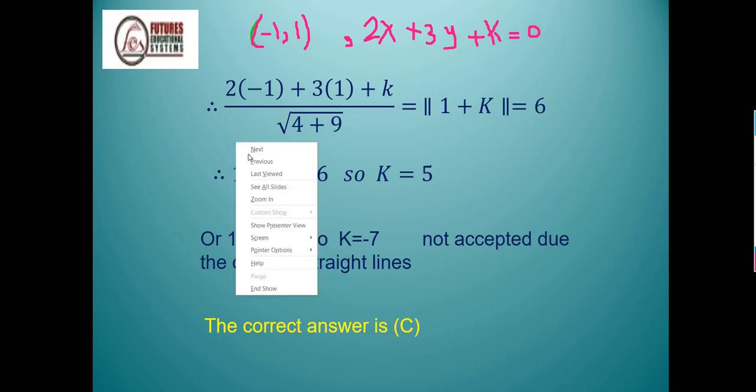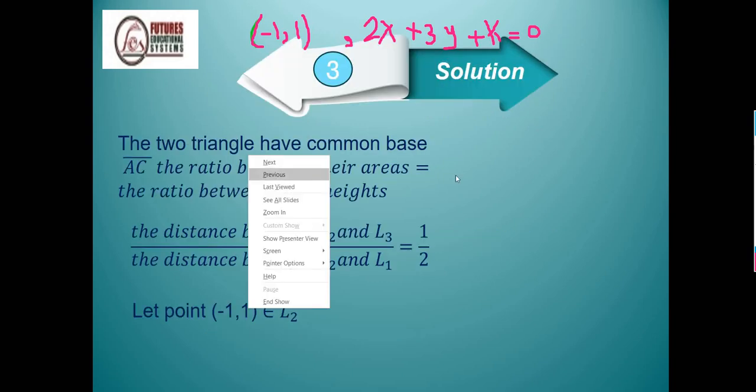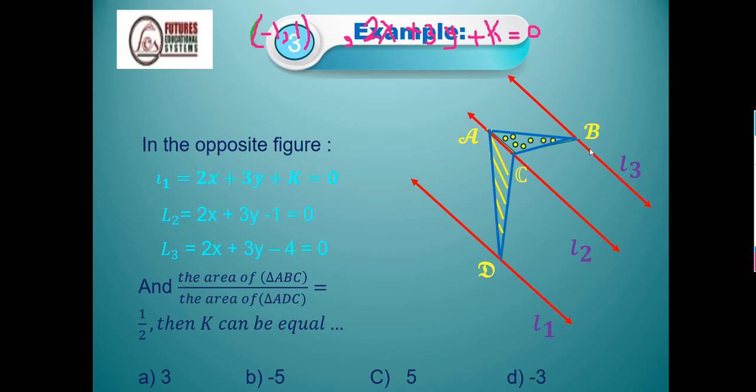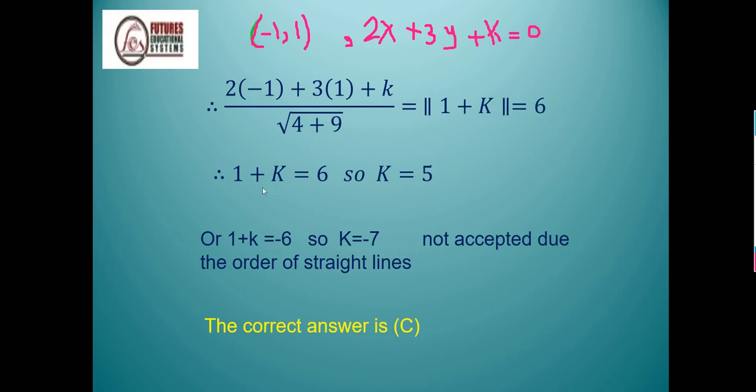6 is twice the distance between L3 and L2. The distance between L3 and L2 equals 3. Therefore, the distance between L2 and L1, twice that, equals 6. Since it is in modulus, 1 plus K equals 6, so K equals 5.